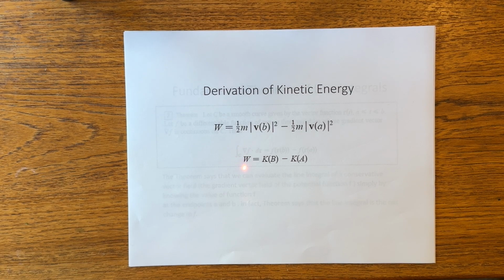Essentially, the work in a force field moving a mass from point B to point A is the difference in the kinetic energy at these points. Okay, so we've derived the kinetic energy and we're moving on to potential energy.